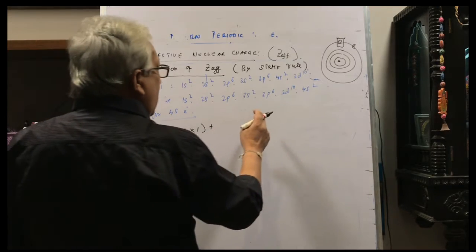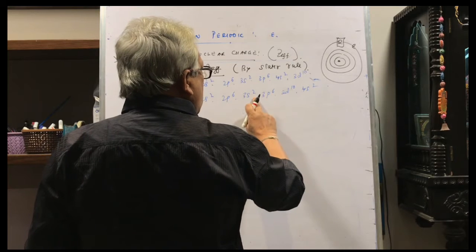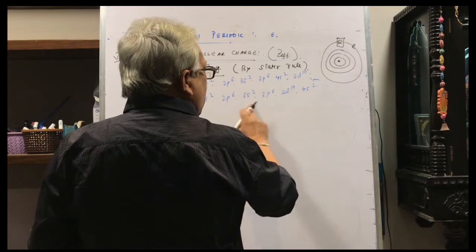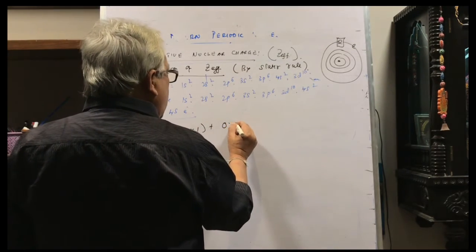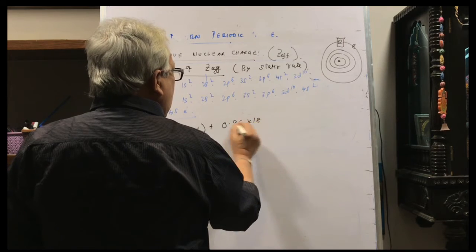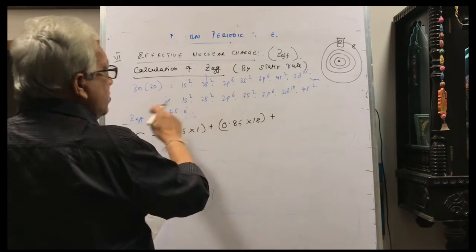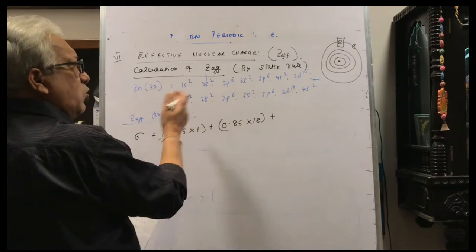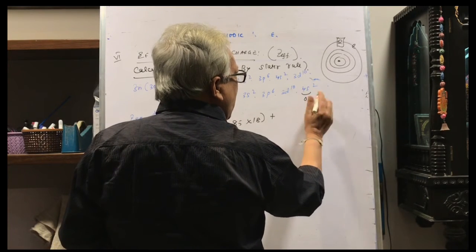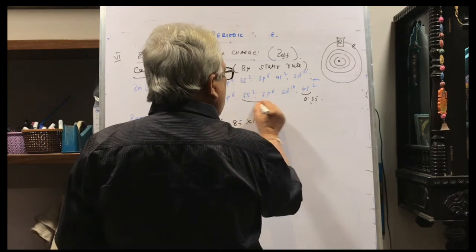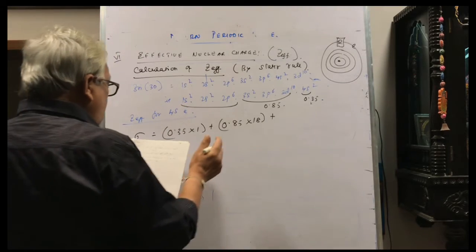Then in the third shell there will be 10 plus 6, 16 plus 2, 18. There are 18 electrons, and they will cause a screening effect of 0.85. So 0.85 into 18. Then how many electrons are inside? Here one is contributing 0.35, here all are contributing 0.85, and the rest inside will be contributing 1.